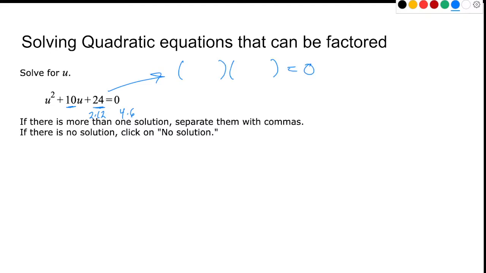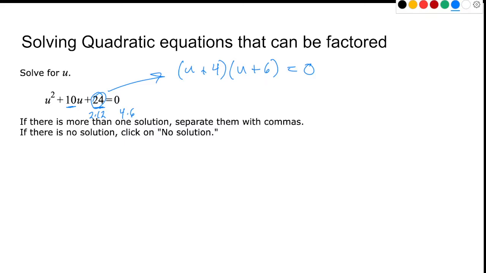For u squared, remember the first part is going to be u times u. The last two numbers have to multiply to give us 24, so they're either 2 and 12 or 4 and 6, but we know that 4 and 6 have to be it because they have to add together to give 10, and 2 and 12 add together to give you 14. So we'll do a 4 and a 6, and now that is factored.